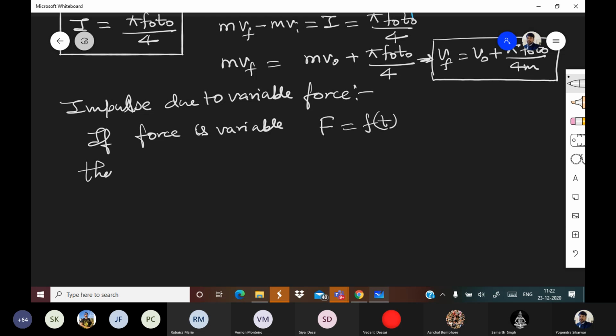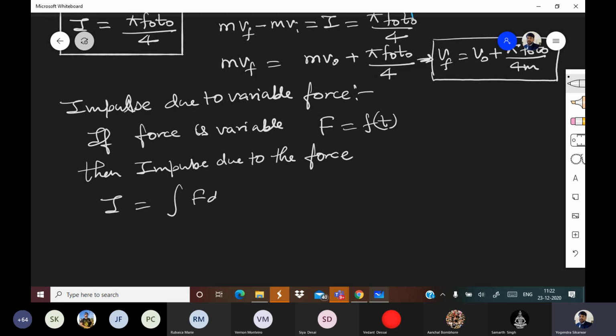Then the impulse due to the force I will be the integration of F dt, with limits from t1 to t2. That's how you calculate impulse due to variable force.